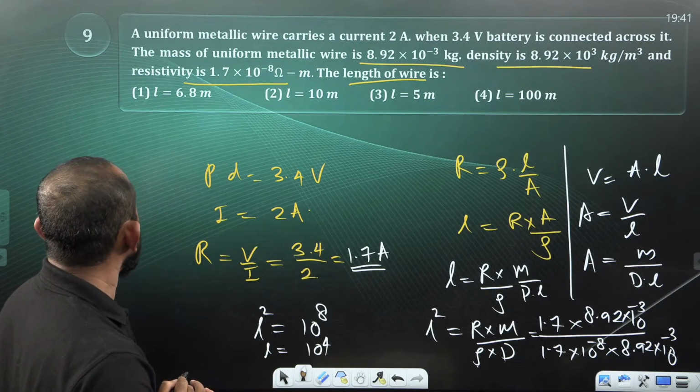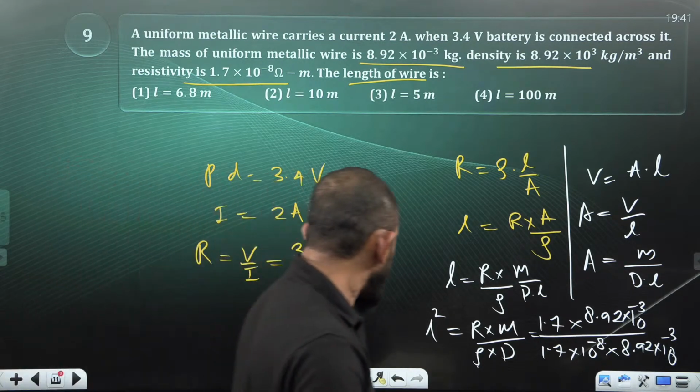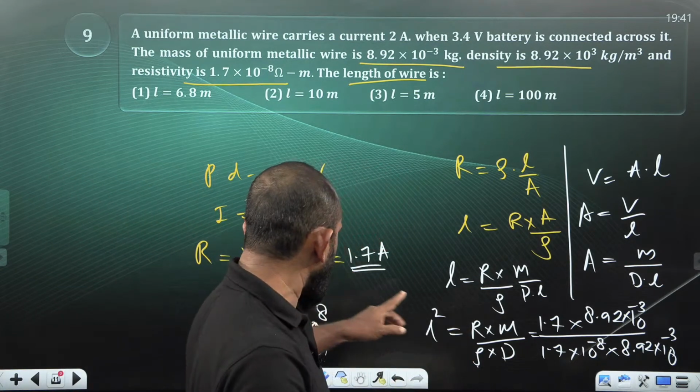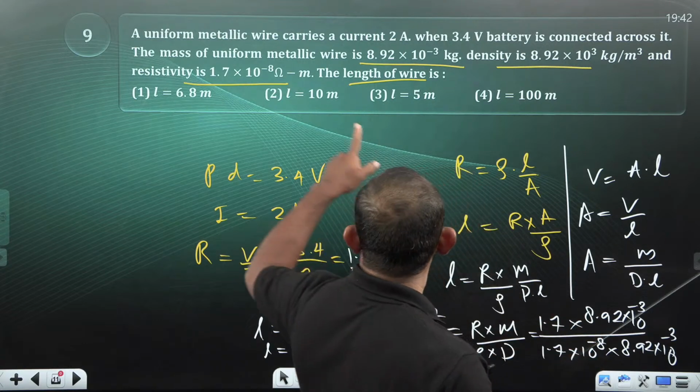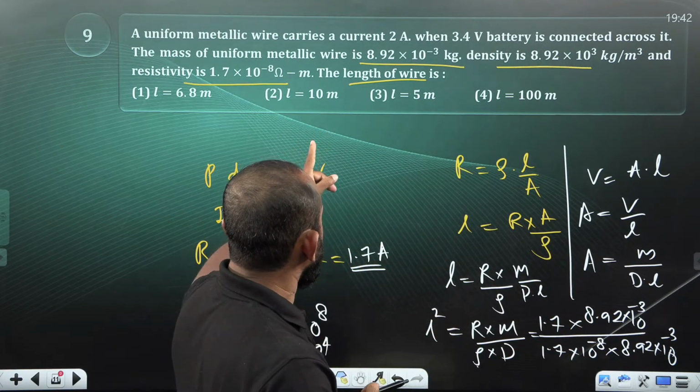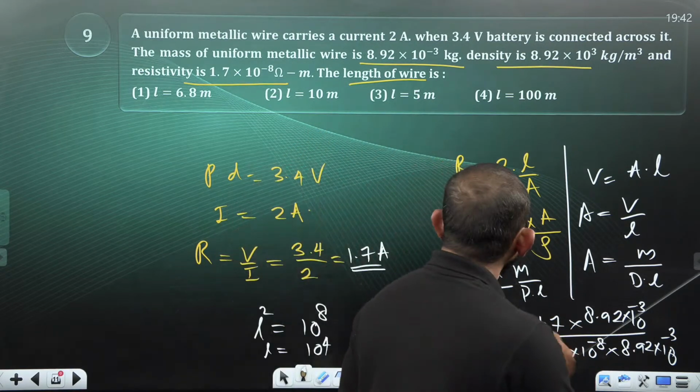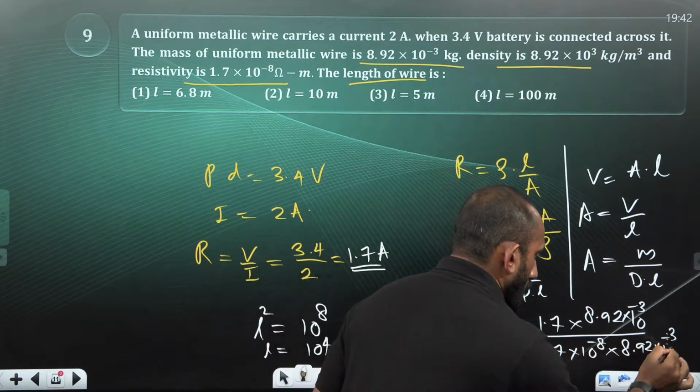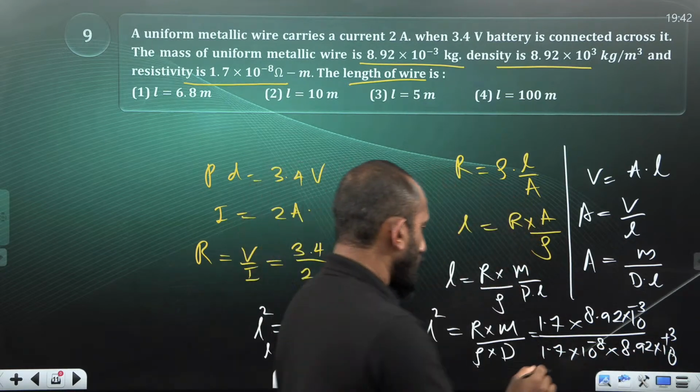Now see the options. 1.7 is there, fine. 8.92 into 10 raised to minus 3 kilogram, mass is given, fine. I'm sorry, density is plus 3, not minus 3.